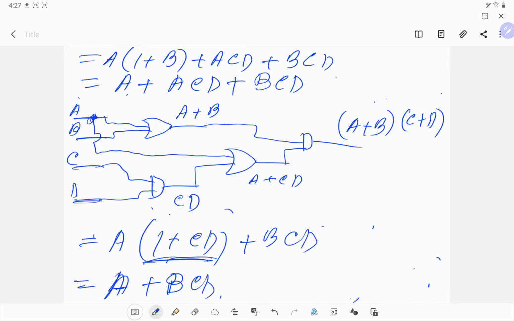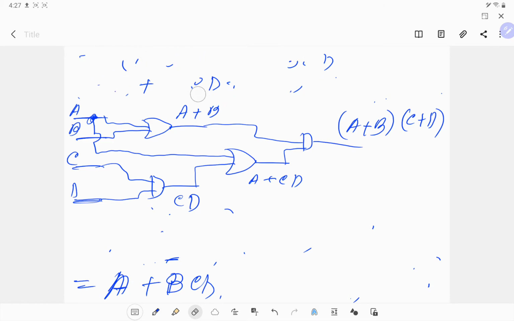Now we want to draw the corresponding logic circuit. For doing so, we got the expression, and we want to draw.